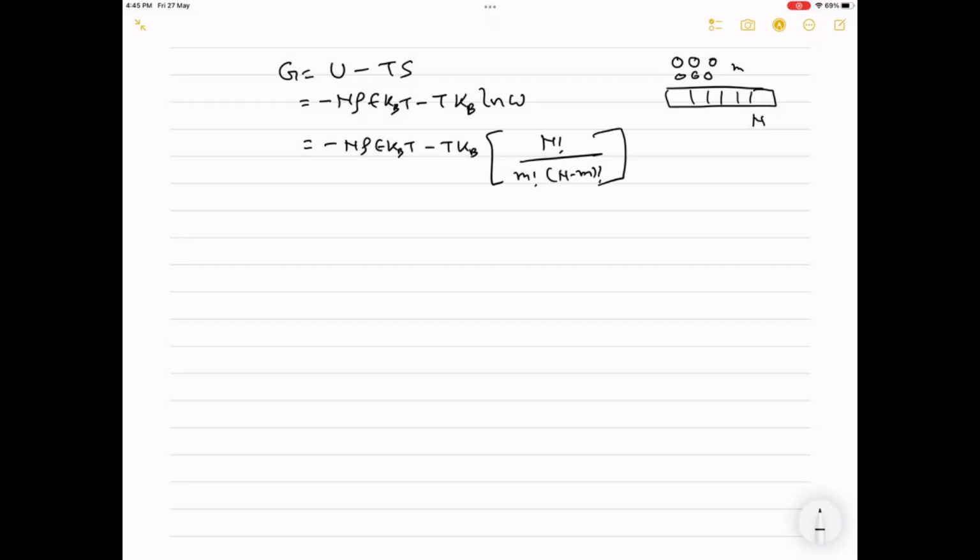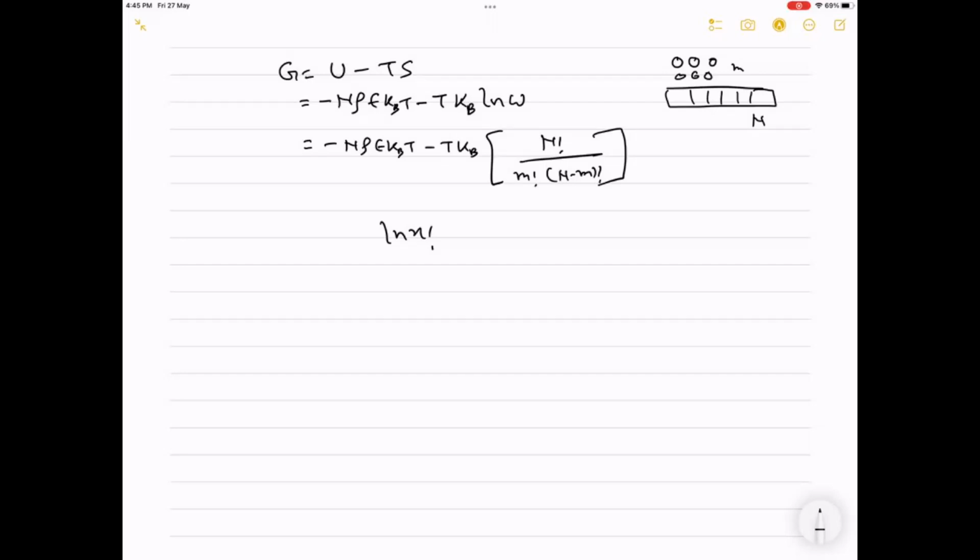Now whenever we have the log of a factorial, which approximation do we use? Anyone? There is a very particular approximation which is used.